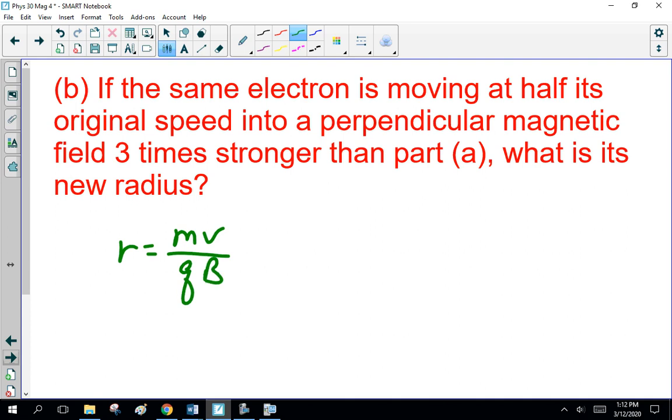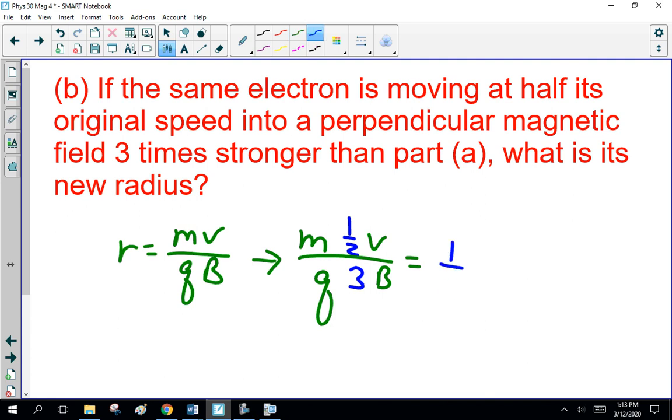So the new radius, half its original speed, m times 1/2 v, and the charge doesn't change, but the magnetic field is now 3 times stronger. What do we get? 1/6. 1/2 divided by 3 is 1/6. Or 1/6 of whatever the original radius is.